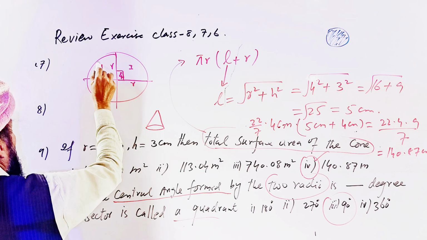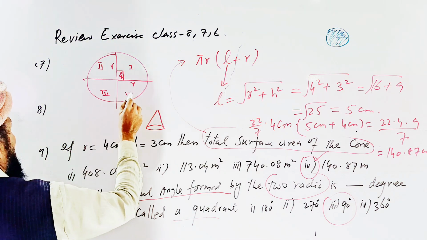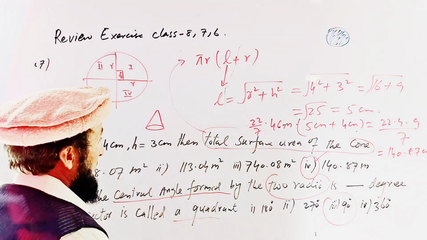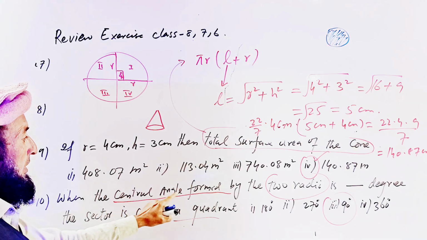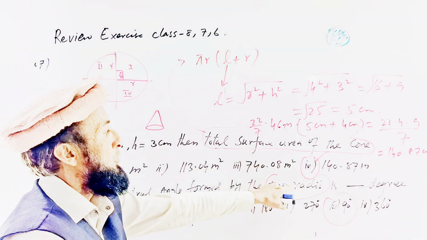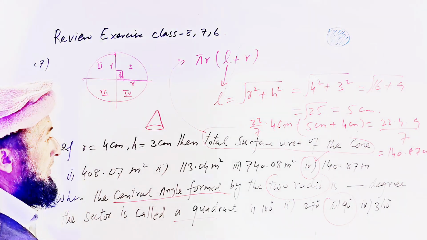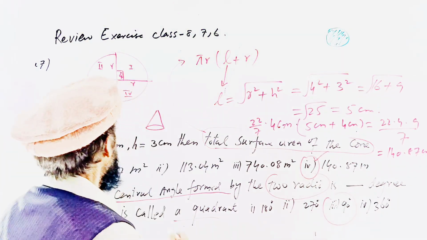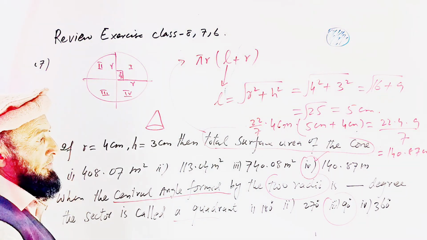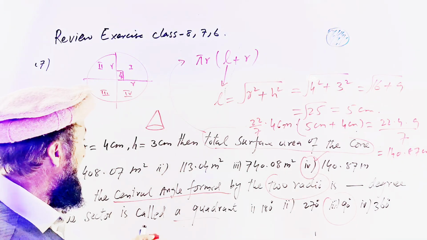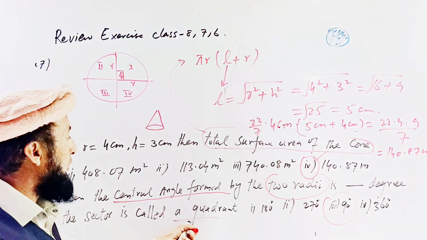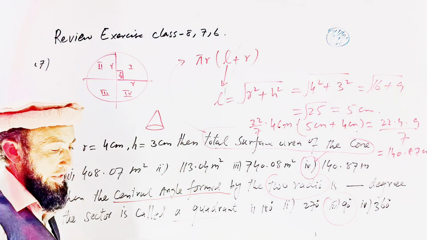So this is the second quadrant, third quadrant and fourth quadrant. So the central angle formed by the two radii makes 90 degrees, that is perpendicular, which is 90 degrees, and the sector is also called a quadrant.